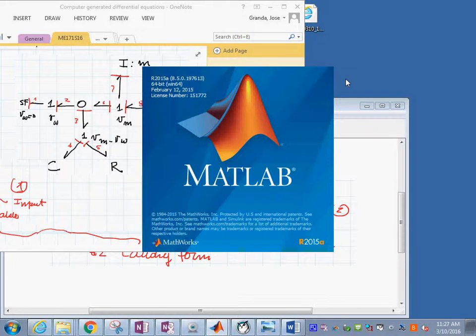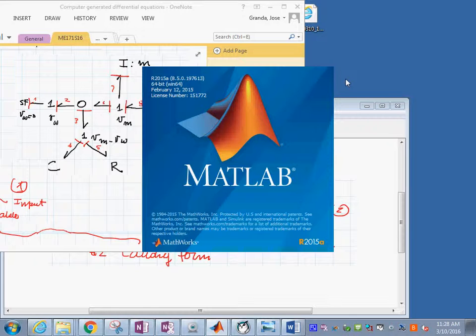In other words, we do not have to program MATLAB. CAMPG is going to extract all the information from our bond graph model and produce an actual usable model in MATLAB, so that we can actually perform simulations.